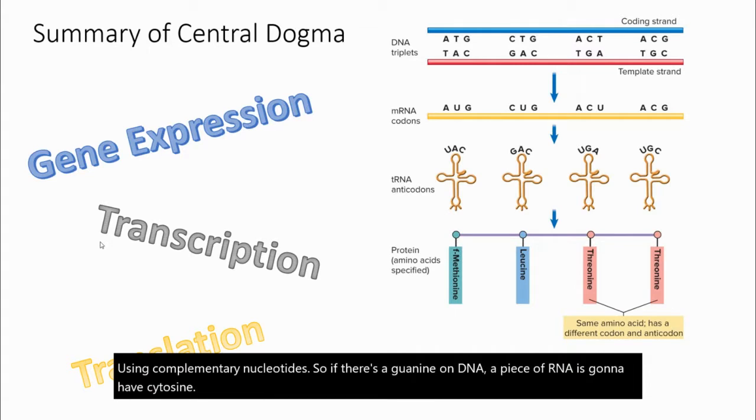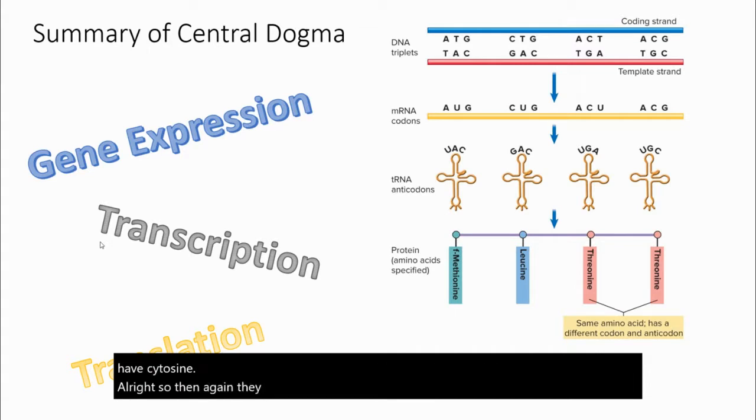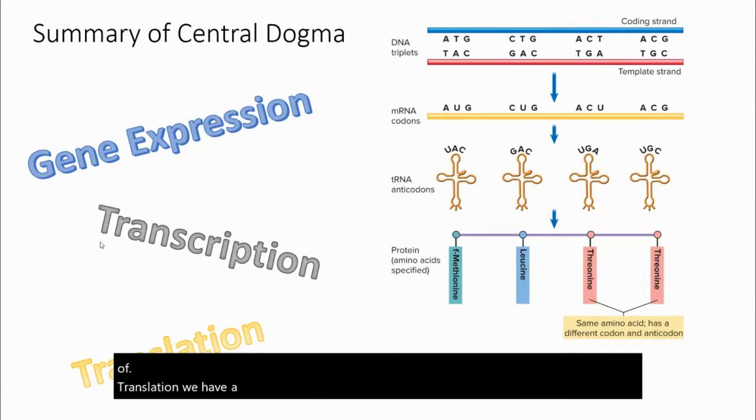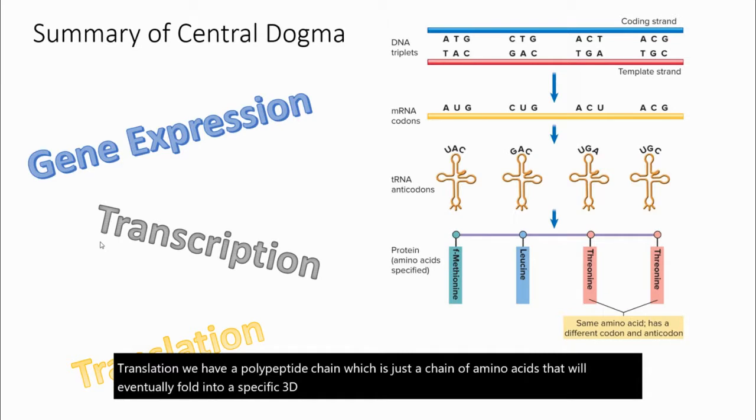The key players for translation are the messenger RNA that was just made during transcription, the tRNAs, and the ribosome. At the end of translation, we have a polypeptide chain, which is a chain of amino acids that will eventually fold into a specific 3D shape. At that point, technically, we can call it a protein. So that's the big picture of what we've been talking about.